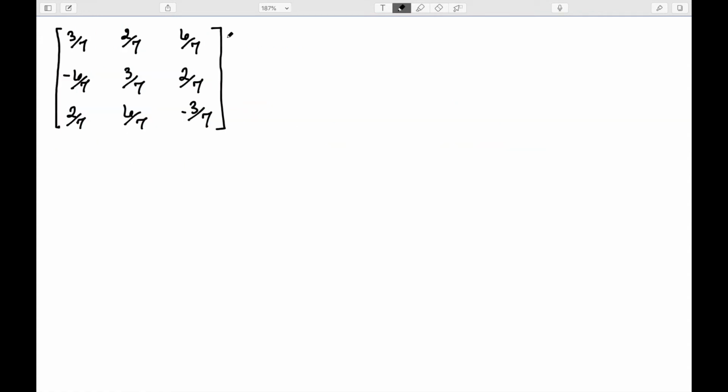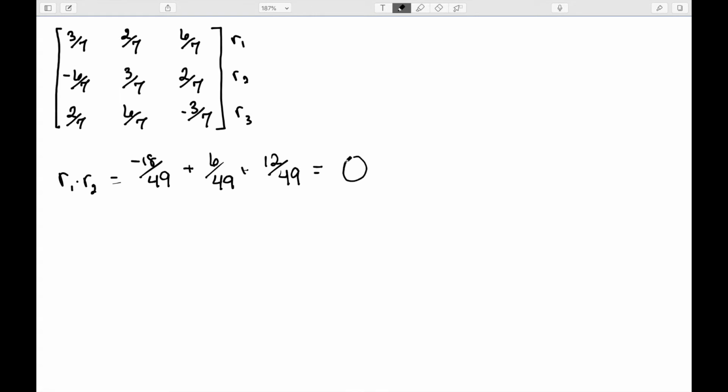Let's go back to our matrix and show how this works. So let's start with our rows. I will call these R1, R2, and R3. R1 dot R2, that would be 3 times negative 6, so minus 18 over 49. 2 times 3 is 6 over 49, and 6 times 2 is 12 over 49. So we get that that is 0.